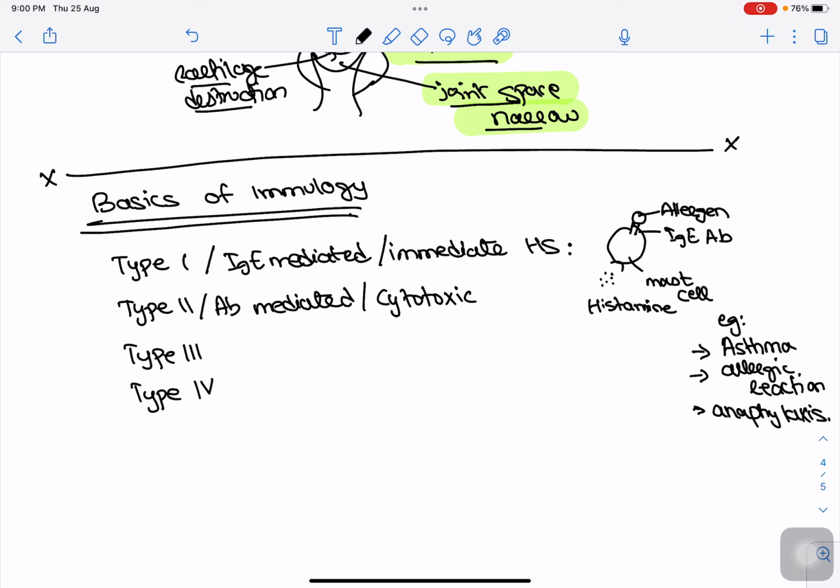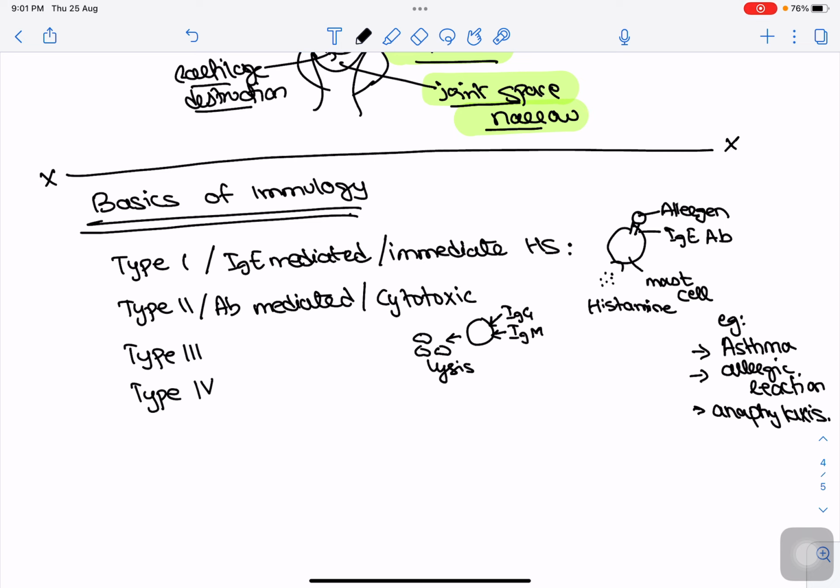So there's this cell which is lysed when IgM or IgG antibody deposits and binds to the cell membrane. There is the reaction that occurs in response, which is the lysis of the cell.